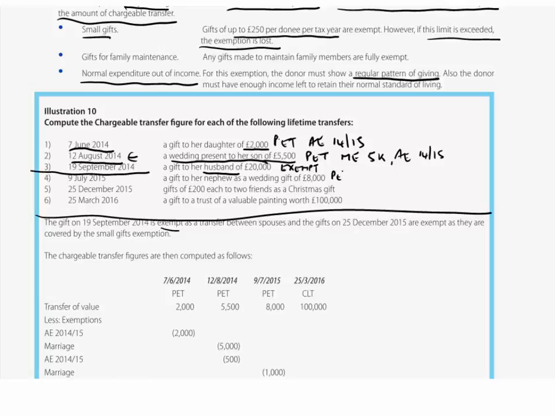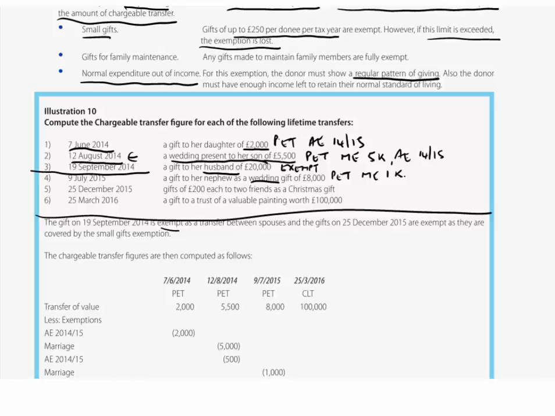Gift to nephew, again, that is a PET. Wedding gift of £8,000. Wedding gift, so marriage exemption. Right, it's not to your son or daughter or grandchild or other party to the marriage there, in which case it's anybody else, so that's a marriage exemption of £1,000.